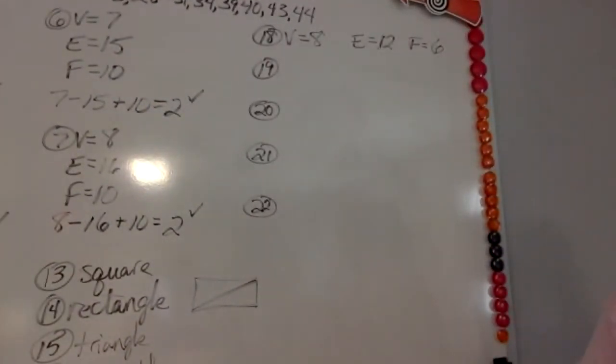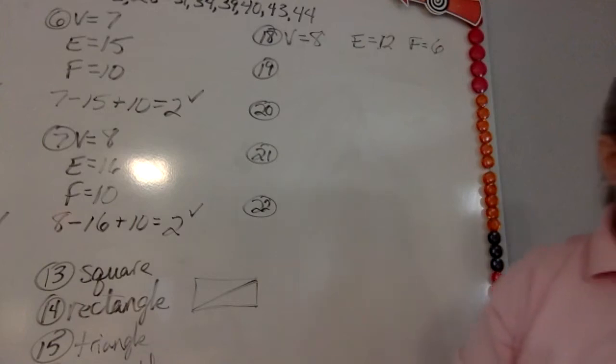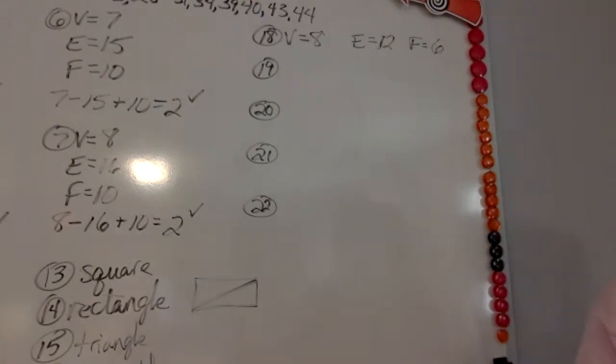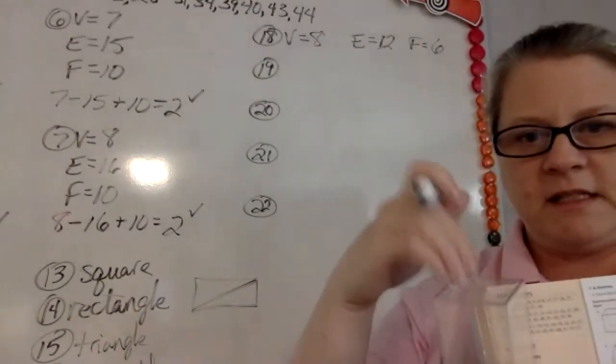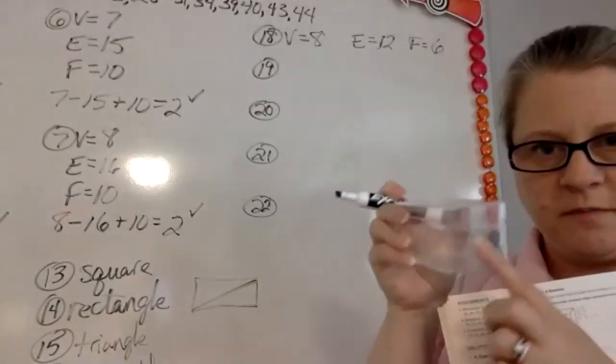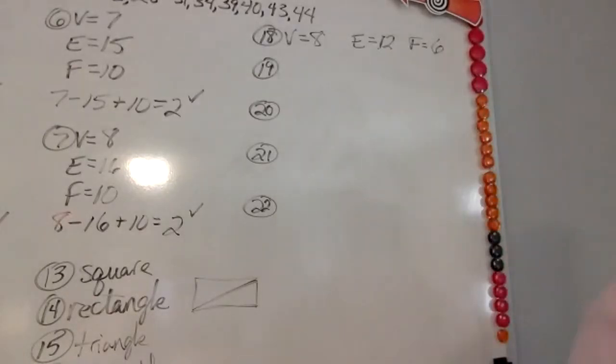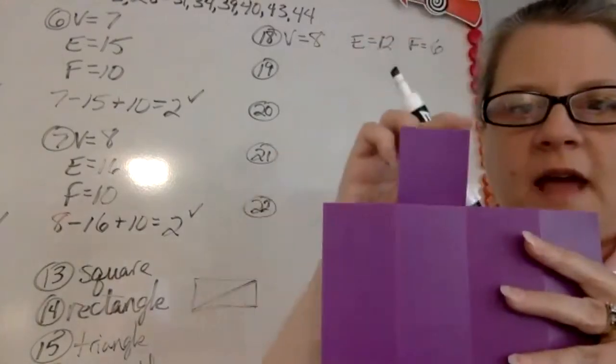Number 19. How many square inches are available for the National Biscuit Company logo on the top of the box? To find the top of the box, you're finding the area, right? It's calling this the top, this little square. On your net in the book, this little square has what dimensions?